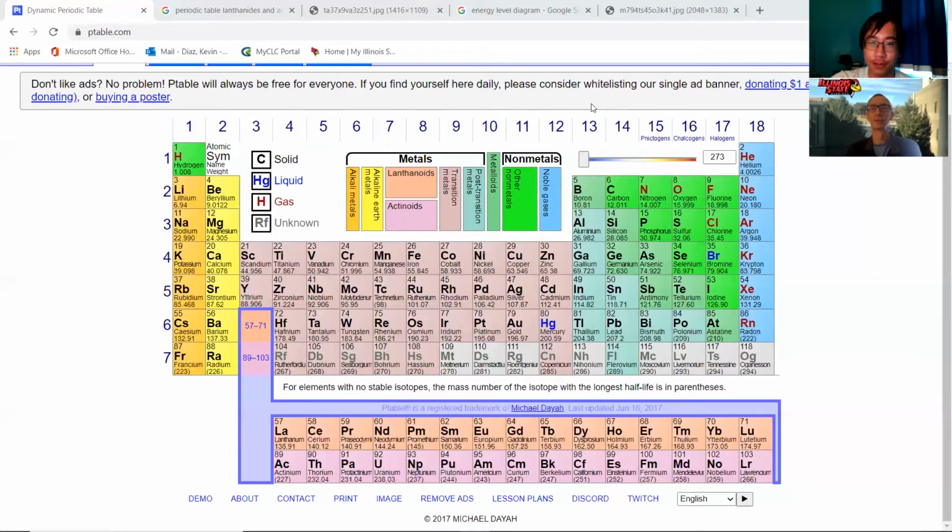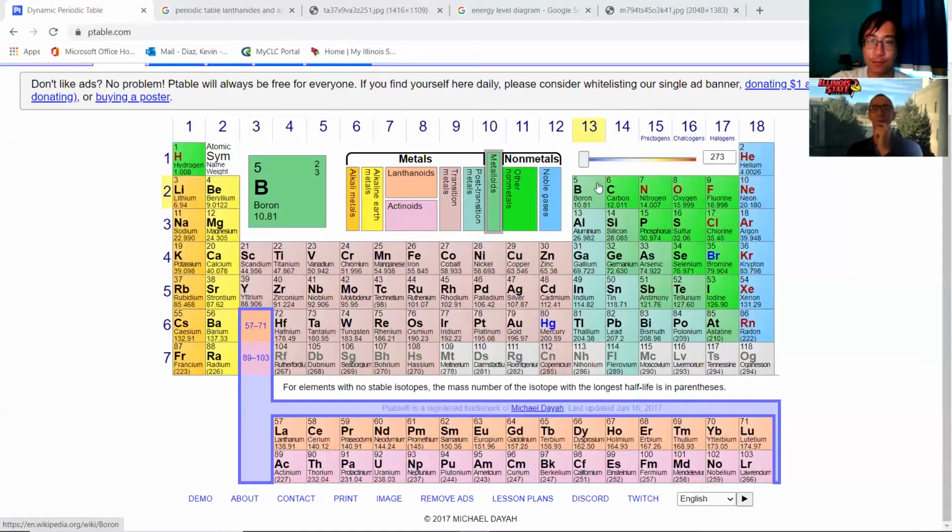If we move over to the right side, groups 13 through 18 on this periodic table, if you were to fill up the valence electrons of these elements, the last valence electrons end up in the p orbital.